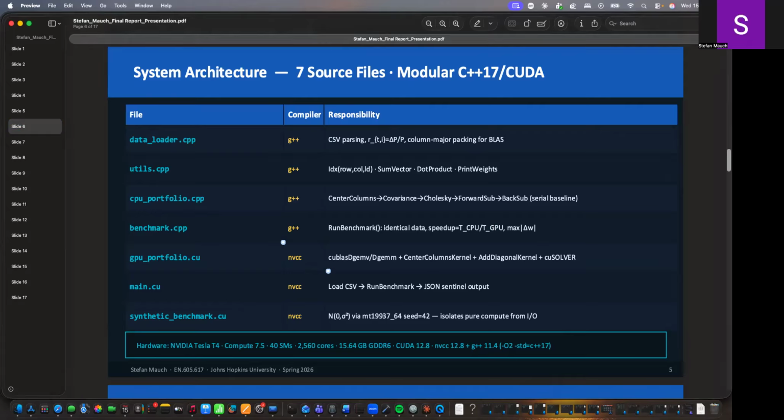And then last but not least, the synthetic benchmark.cu generates, for Monte Carlo, all these random return matrices and tries to reduce some noise as well.